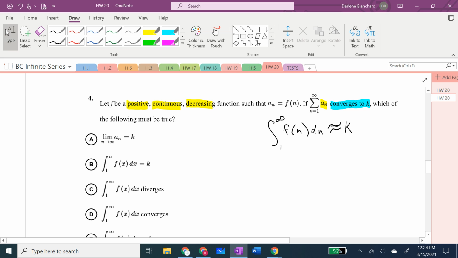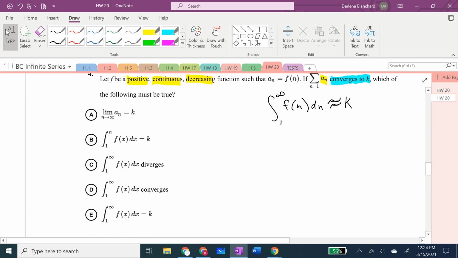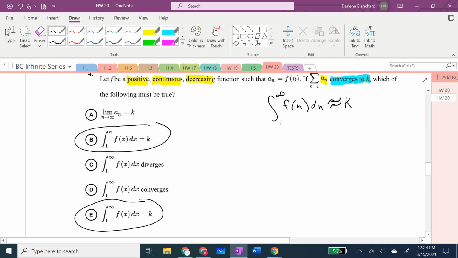So that kind of takes out these two that I shouldn't, even for a partial sum. Actually, no, this is not a partial sum. If I cut the integral off for some n, it's still not necessarily going to be exactly that k number.